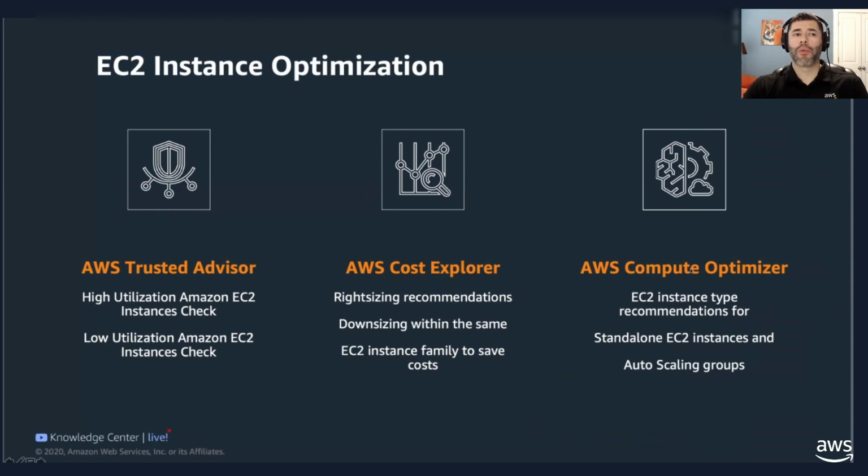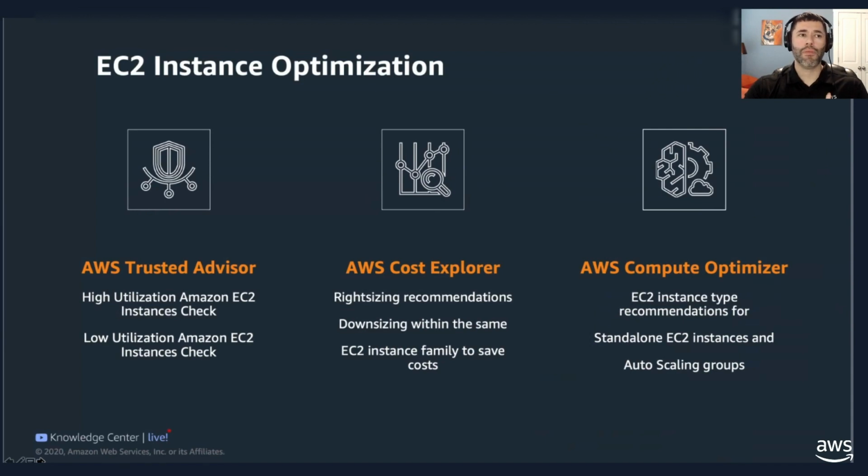So this is where AWS Compute Optimizer really comes in and is helpful, because it makes EC2 instance type recommendations for your standalone instances and auto-scaling groups across instance families. So it allows you to not only go from, say, a T3 xlarge to, say, an R instance based on your usage, because one of the nice things that it adds in is if you're leveraging the CloudWatch agent on your EC2 instances, which is a definite improvement and a must for using Compute Optimizer well, it's going to also take into account your memory metrics.